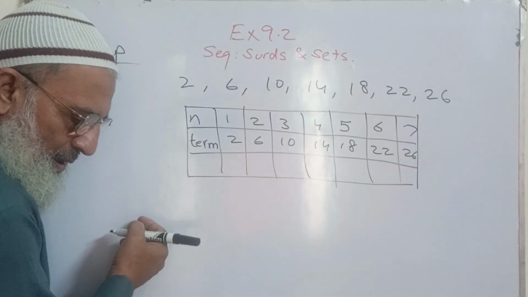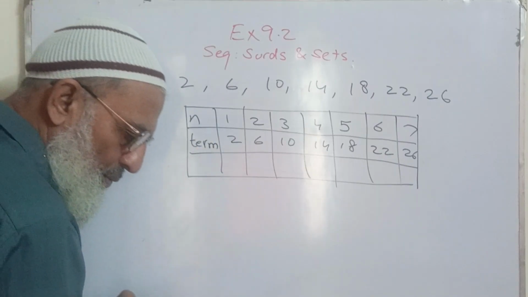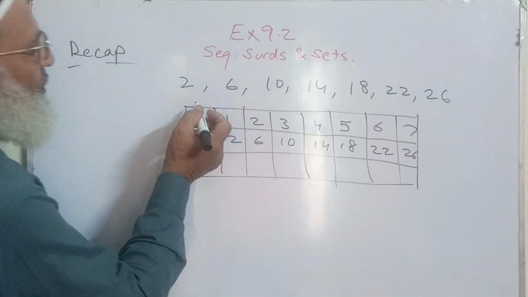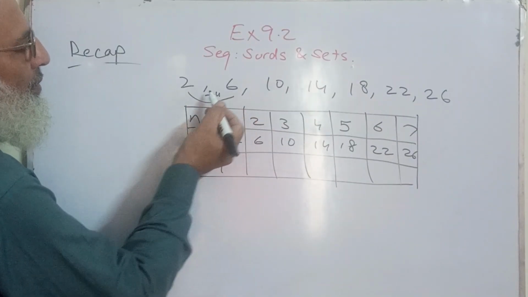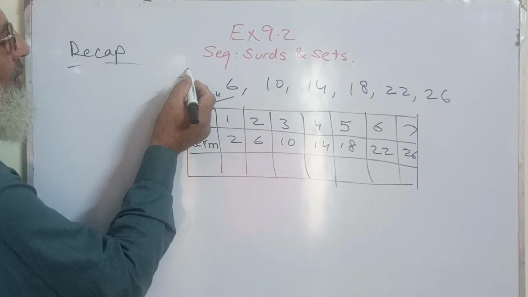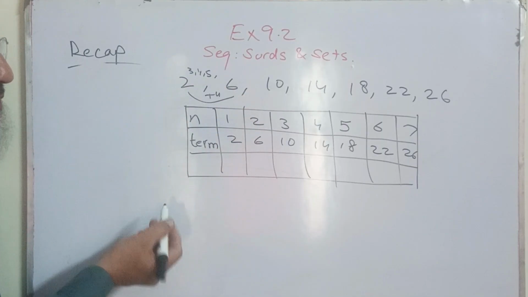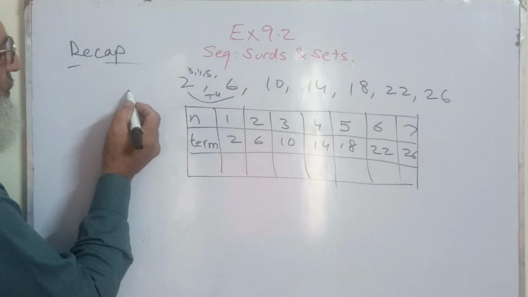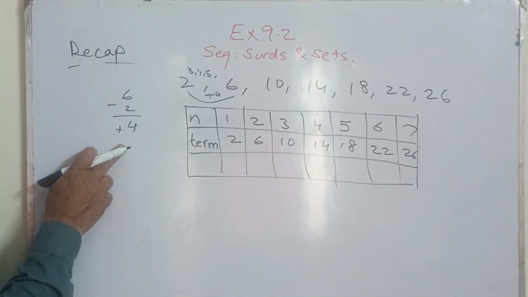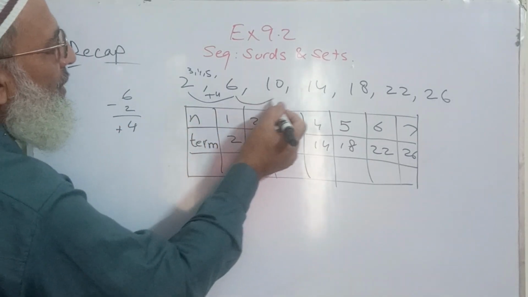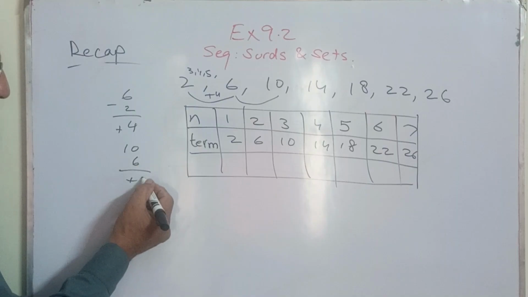Now, you see that from here to here it is plus 4. From here to here, you can also check it like this: plus 4 is the difference over here, and again plus 4 is the difference over here. 10 minus 6 is plus 4.